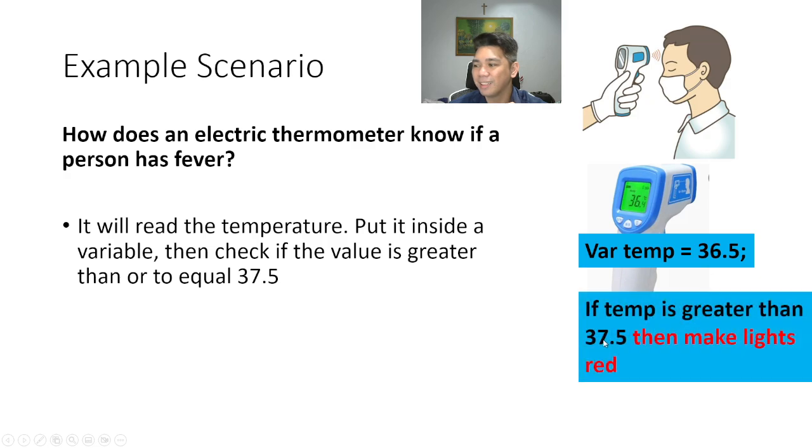And then the machine, the thermometer, will check if the variable temp is greater than 37.5. Because if it is greater than 37.5, it will make the lights go red. I'm sure you understand the flow of things, but in programming, we have to be specific. We have to go into details.